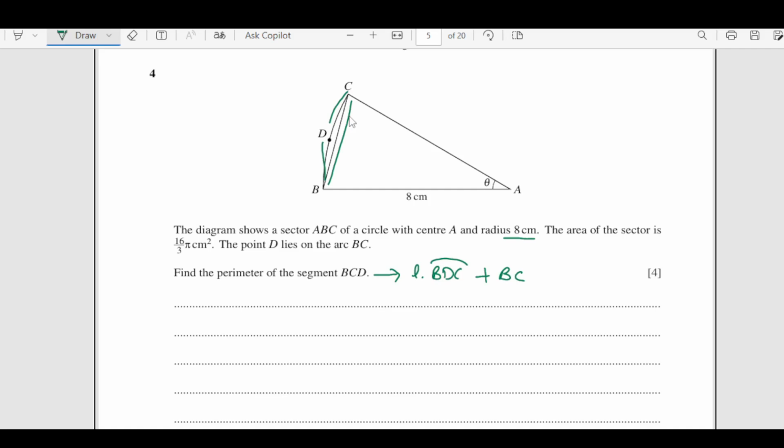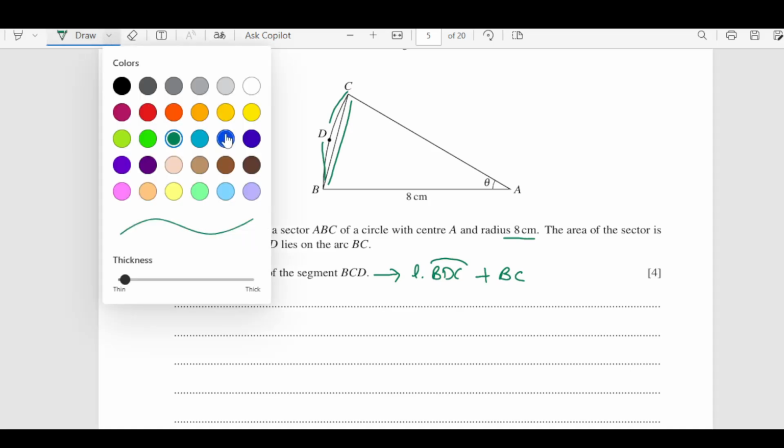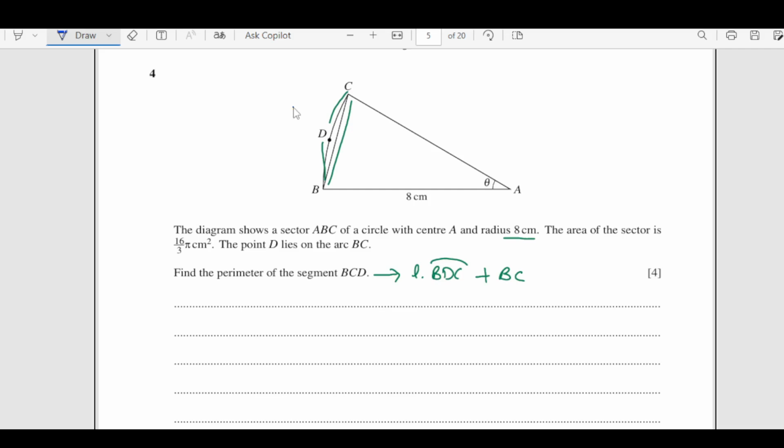For that we have to find first of all angle theta. We can start from the given information. We are given the area of the sector. Area of sector is 16 over 3 pi. The formula for area of sector is half r squared theta equals 16 over 3 pi.